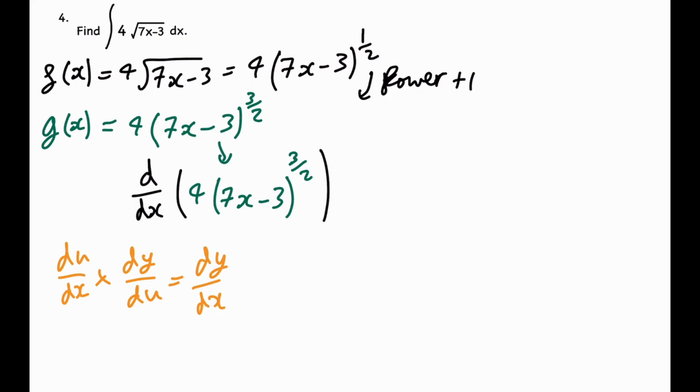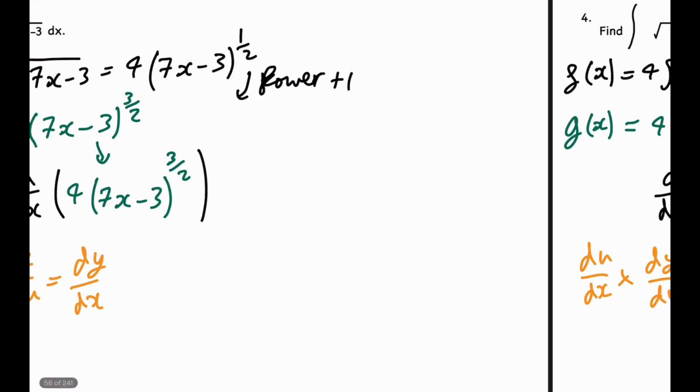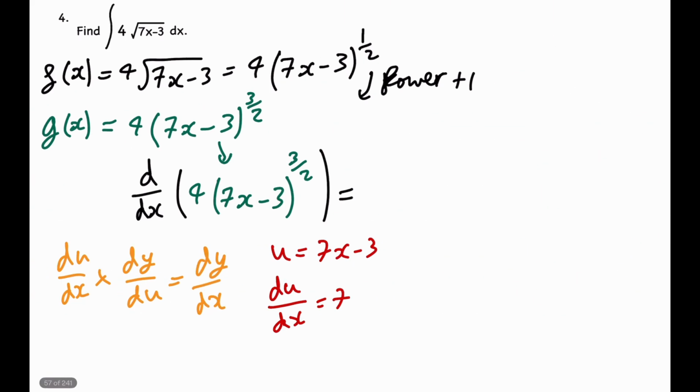And before looking at integration, I would really recommend looking into differentiation, so you have a strong grip before you get into it. But we'll do chain rule, so our u would be 7x minus 3, and if we do du over dx, we're going to find that it's 7, because if you differentiate this, the constant goes away and this power decreases, so you're left with a constant 7.